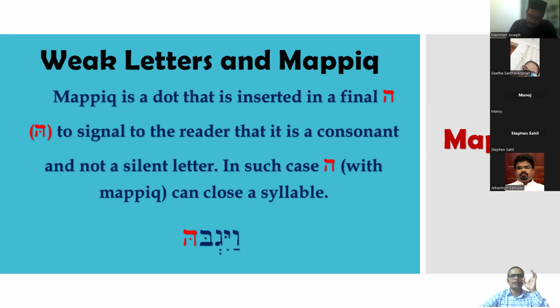Mapik appears like dagesh pote and will be placed only in he. Whenever you come across mapik in a final he, it is an indication that here he is not a weak letter, but because of the presence of mapik, it has to be pronounced.